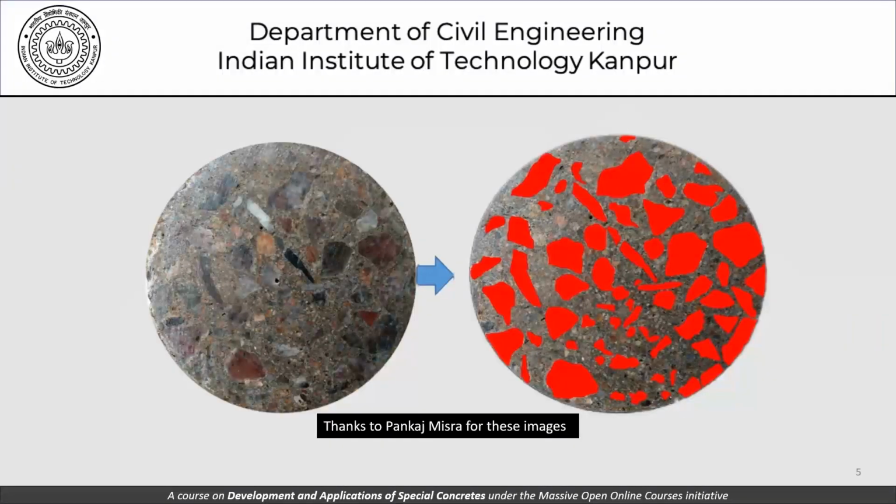Having said that, this is another picture we had seen last time, which shows aggregates all over the place and which are separated. You can see there is a separation between different coarse aggregates.